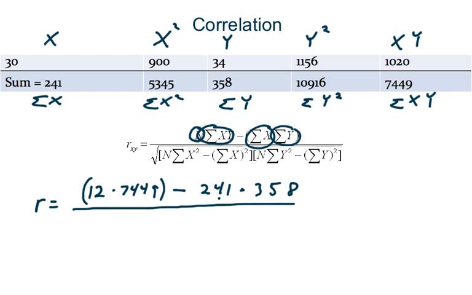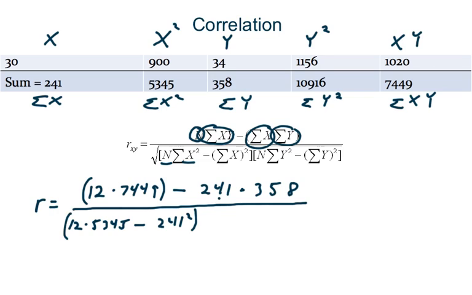And in the denominator, this one gets a little bit more crazy, but we take 12 times the sum of x squared, which was 5,345. That's that part and that part. And then we're going to subtract the sum of x, which was 241, squared.